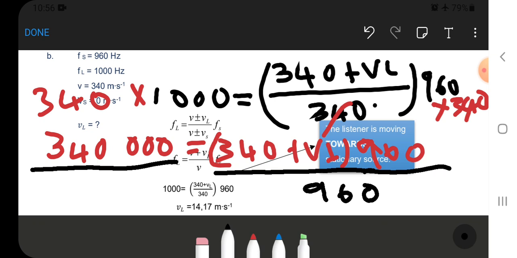When we say 340,000 divided by 960, we get 354.16.